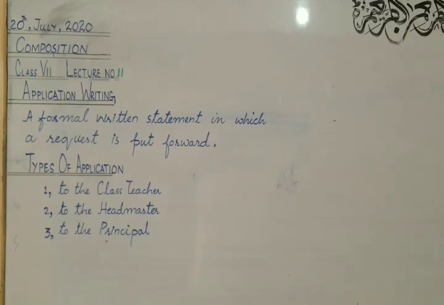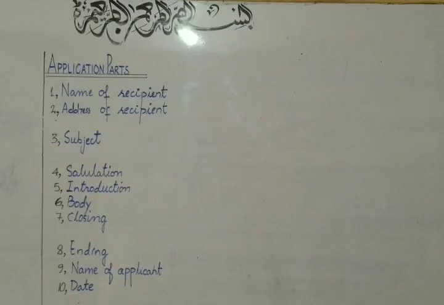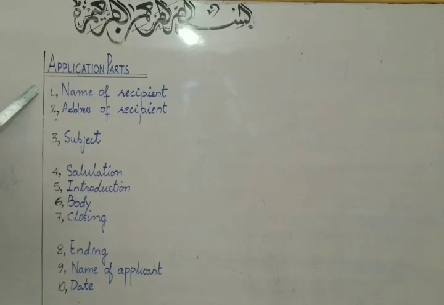Now let's discuss the parts of an application. Here you can see we have the parts of an application. Number 1, name of recipient, address of recipient, here you can see I have not skipped a line, but I have skipped a line before subject and after subject.